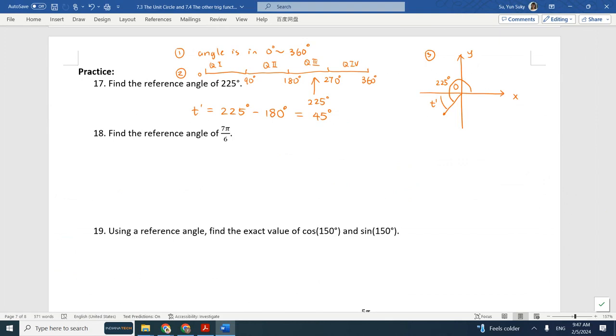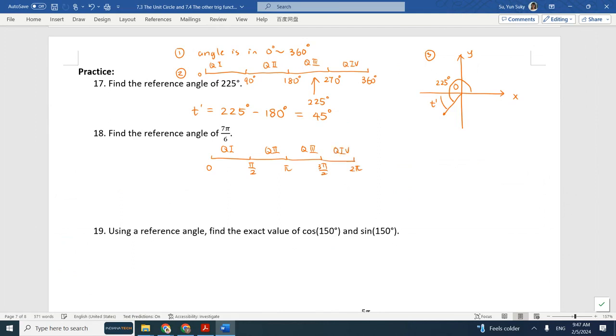How about 7 pi over 6? If we use radians, quadrant 1 is from 0 to what? Pi over 2. Quadrant 2 is from pi over 2 to pi. Quadrant 3 is to 3 pi over 2. And quadrant 4 is to 2 pi.